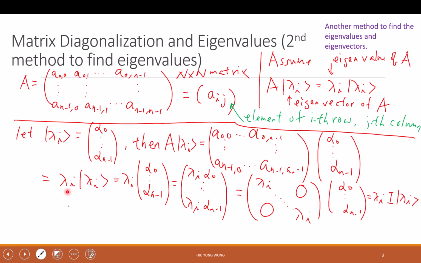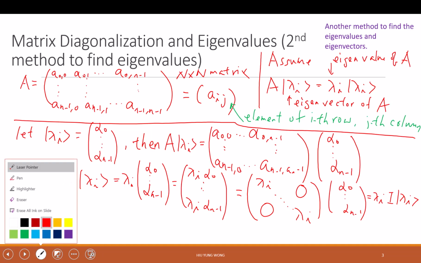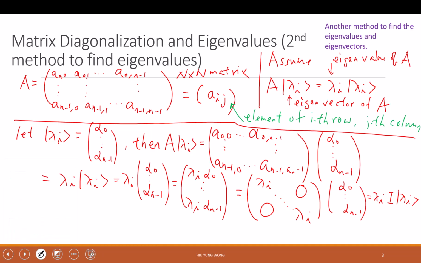Of course, you know lambda I times lambda I must be equal to lambda I times the identity matrix times lambda I, right? But I want you to go through this because this vision can help you prove other things in the future. It will be useful. The whole thing is very simple, and you probably know that already.